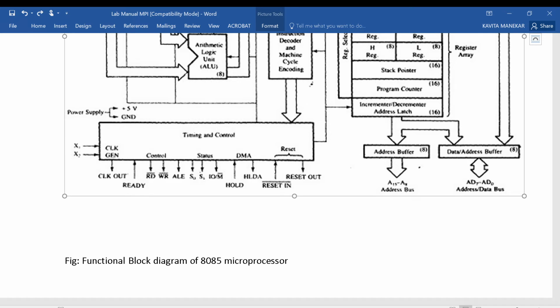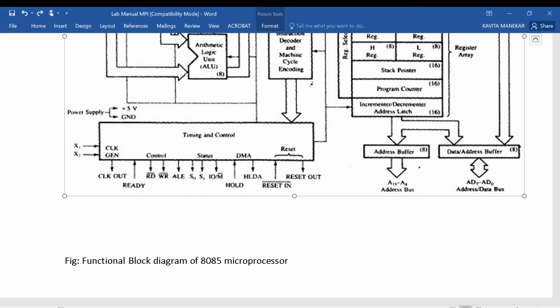Next we are having the clock signal, that is clock in, clock generation, clock out, X1, X2, which we call power supply and clock frequency signal. Here at the 8085 processor, we have to give the plus 5 volt power supply, which is VCC, and VSS is a ground reference. The X1, X2 are the crystal connected at the pins.